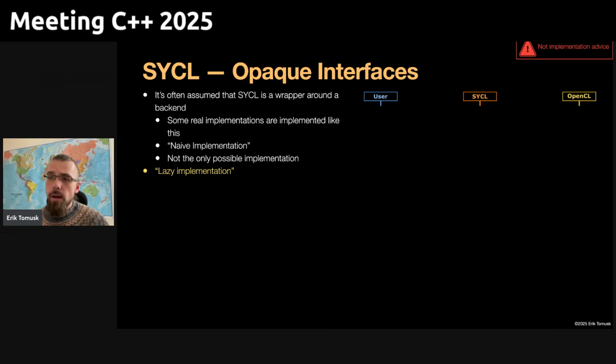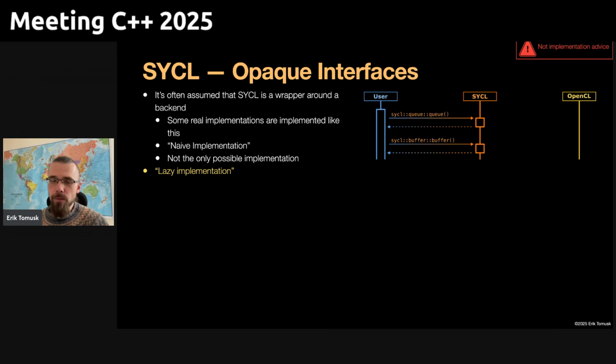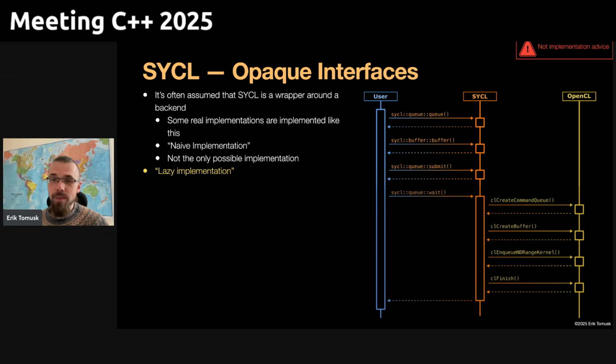Next, it's worth considering a lazy implementation. With an implementation like this, the user might create a queue, and the SYCL runtime says, that's nice, I'm not going to do anything. Then the user creates a buffer, and the SYCL runtime doesn't do anything. The user submits a kernel to the queue, and the SYCL runtime doesn't do anything. And then the user decides to wait on the result.